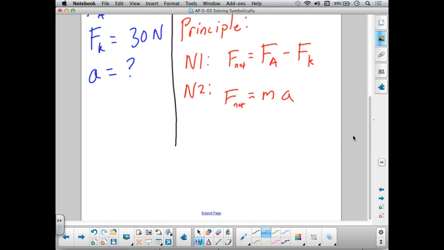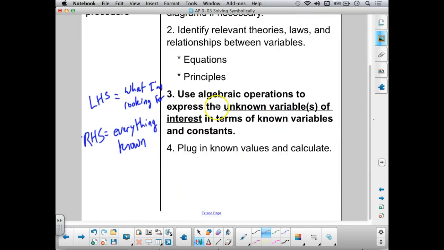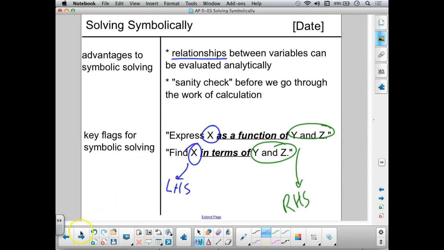Now, if you recall, my third step was to use algebraic operations to express the unknown variable of interest in terms of known variables and constants. And that meant left-hand side what I'm looking for, and right-hand side everything else, everything that is known.